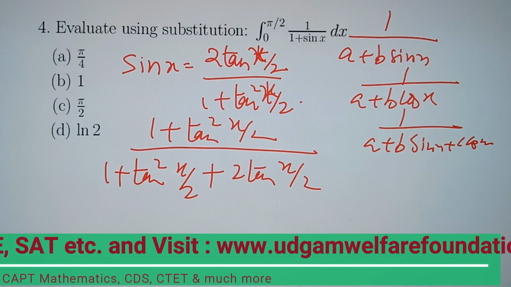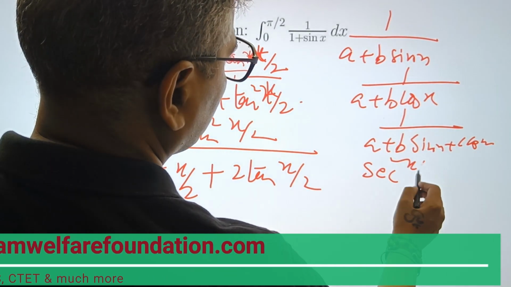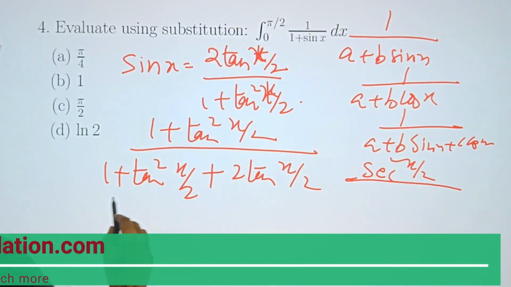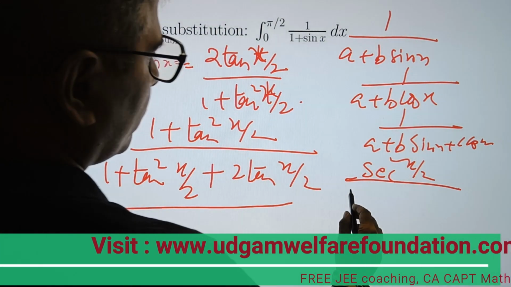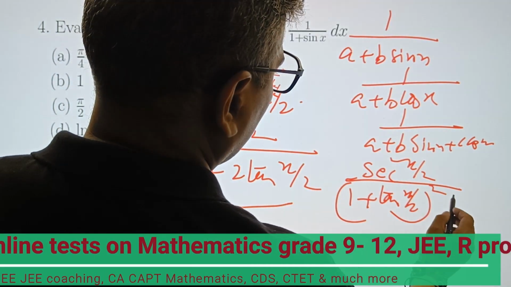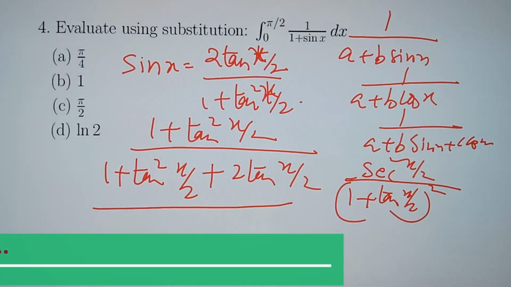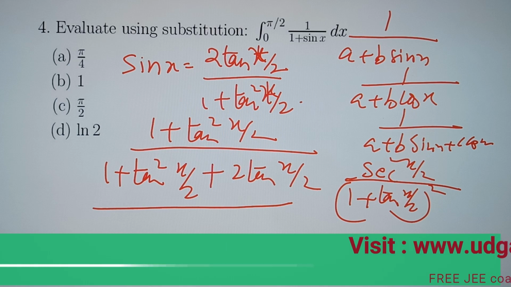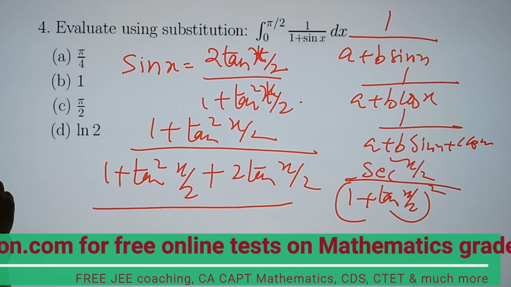So 1 plus tan square x by 2 is nothing but sec square x by 2 upon, so this is going to give you what? 1 plus tan x by 2 whole square. Very simple, 1 plus tan x by 2 whole square. Now if you put the denominator, that is 1 plus tan x by 2 is equal to t, then you are going to get as a derivative what?